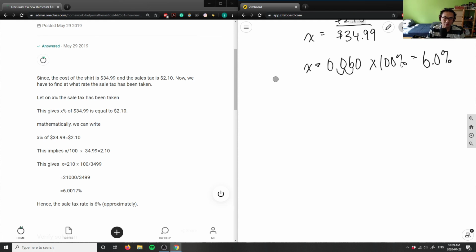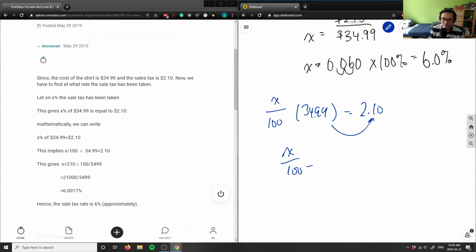So what they did algebraically was, let me write this down for you. X over 100 times 34.99 equals $2.10. They did two steps at once. First they divided, so X over 100 equals 2.10 divided by 34.99. And then to move this to the other side, they multiplied both sides. So that's what they did here.